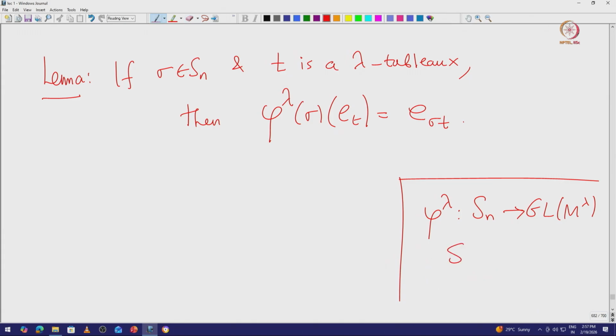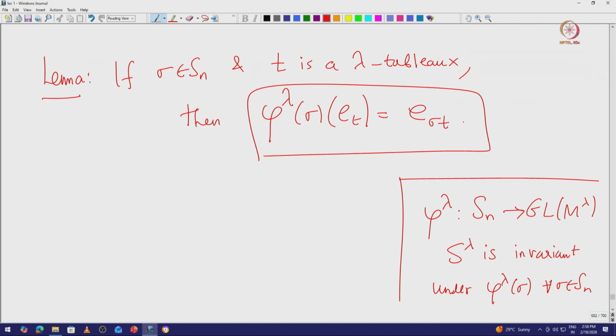So, this S^lambda is invariant under phi^lambda of sigma for all sigma in S_n. That is what we get. That means this S^lambda is a subrepresentation of M^lambda. That is what this lemma tells.